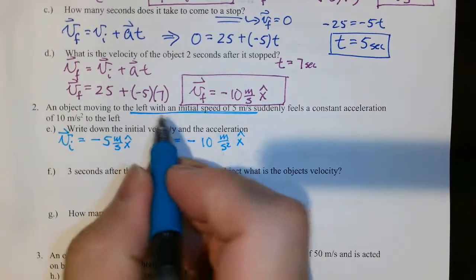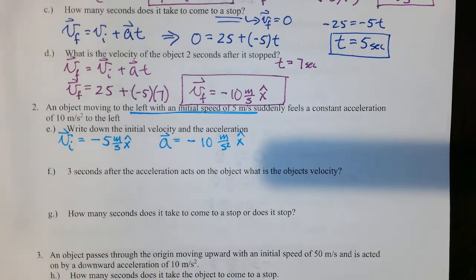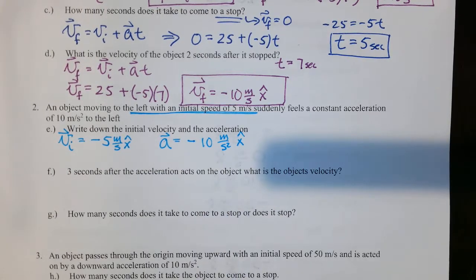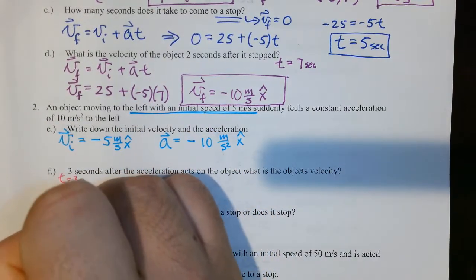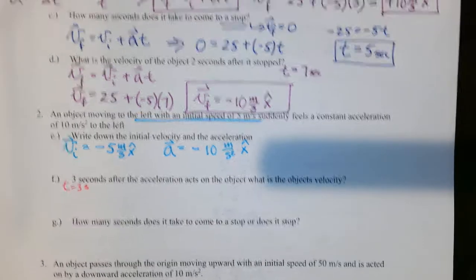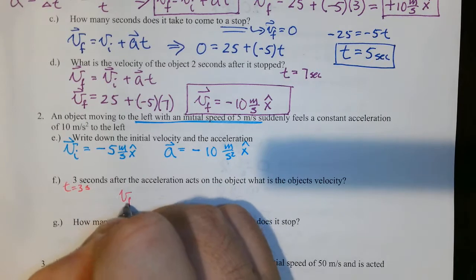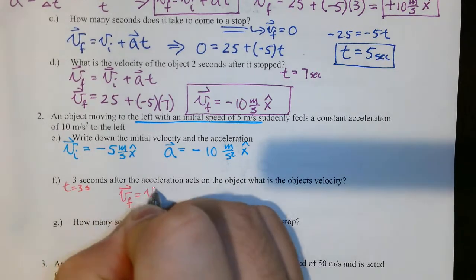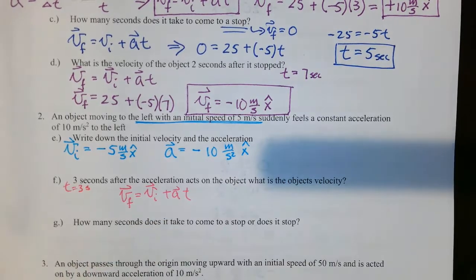So we'll use the same equation when time is 3 seconds. They want to know what's going to happen when t is equal to 3 seconds. I want to know how fast it is going. What's the velocity? So my Vf is equal to Vi plus At.